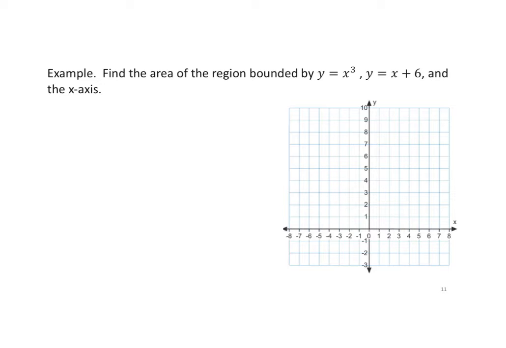This example is asking you to find the area of the region bounded by y equals x cubed, y equals x plus 6, and the x-axis. Okay, quick graph of x cubed. Let's see, we have 0, 0, 1, 1, 2, 8, and -1, -1, and then -2, -8.